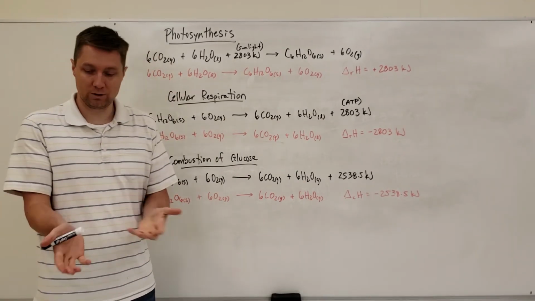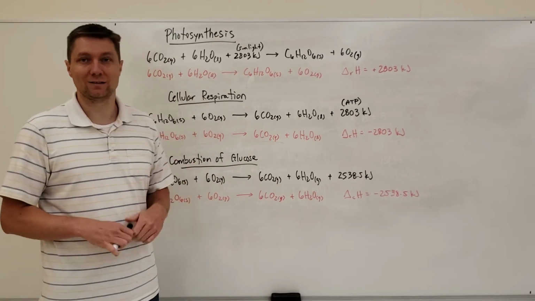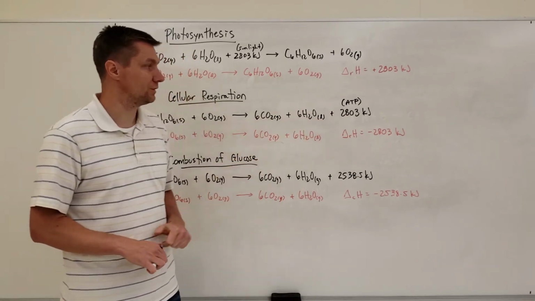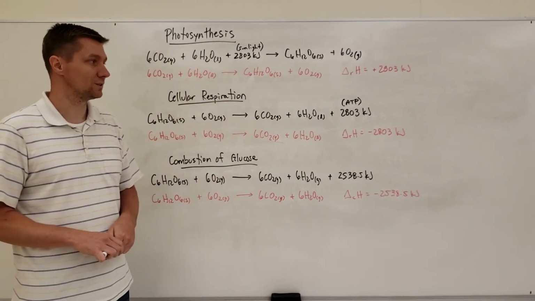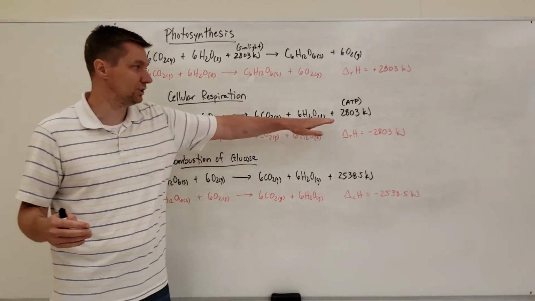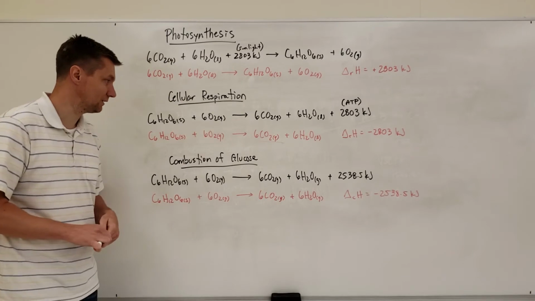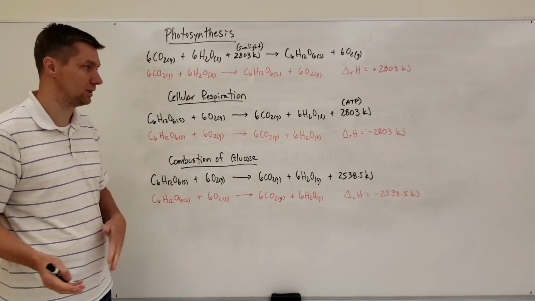It's liquid water because our body temperature is 37 degrees Celsius, which is not the boiling point of water. And then obviously it would produce the same amount of heat that's absorbed in photosynthesis. And this is energy in terms of ATP, if you have taken a biology class that explains that. And then this is the reaction written in delta H notation.